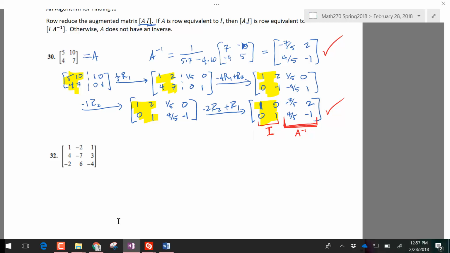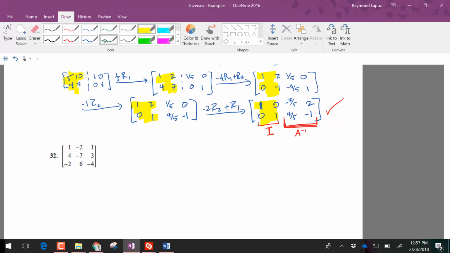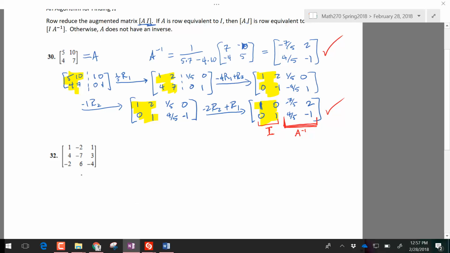Provided Chris catches all my mistakes. So let's start off with the augmented matrix. 1, minus 2, 1, 4, negative 7, 3, negative 2, 6, negative 4.